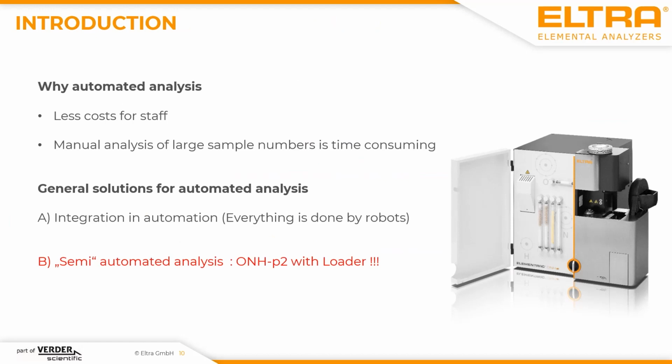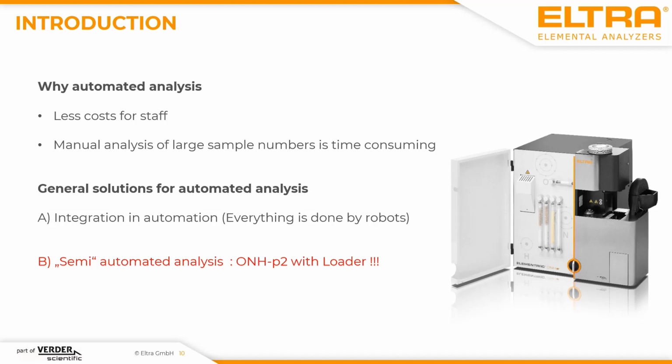The reasons for automated analysis could be very different. On the one hand, you will save money for staff. This does mean that you can plan your staff for other jobs because they do not have to sit in front of the analyzer. Because when you have one sample or two samples, it doesn't matter because the cycle time is done within 3 or maybe in maximum 5 minutes, and it's not boring to analyze 1, 2, or maybe 3 samples.